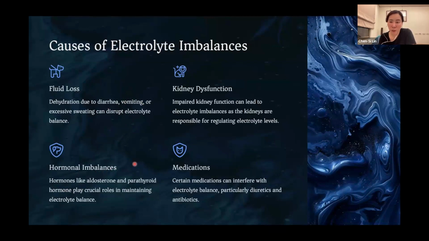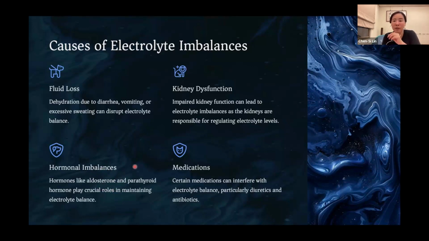So we need to know if the hormones are in their normal range or not. We can see there are two main hormones in charge of electrolyte balance management. The first one is aldosterone.